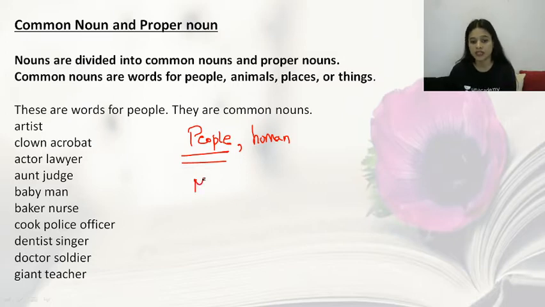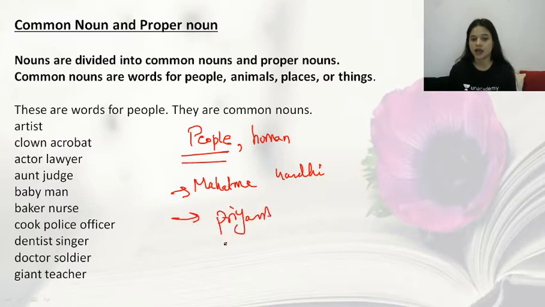But when I say Mahatma Gandhi, I mean a specific person. When I say Priyam, I mean a specific person. Or for example, when I say Rohit, I am pointing towards a specific person. Right? This is one difference between a common noun and a proper noun.